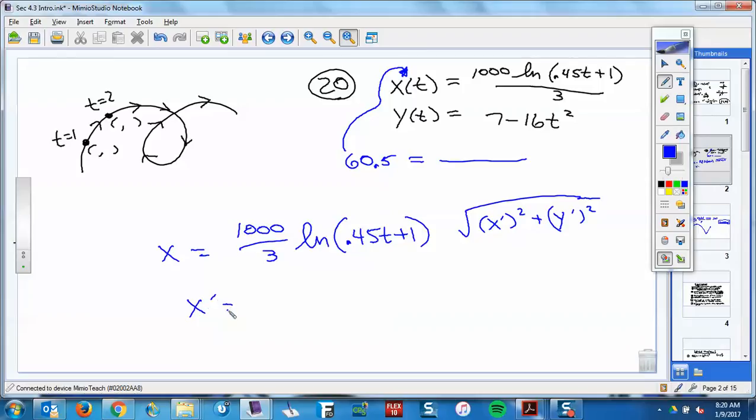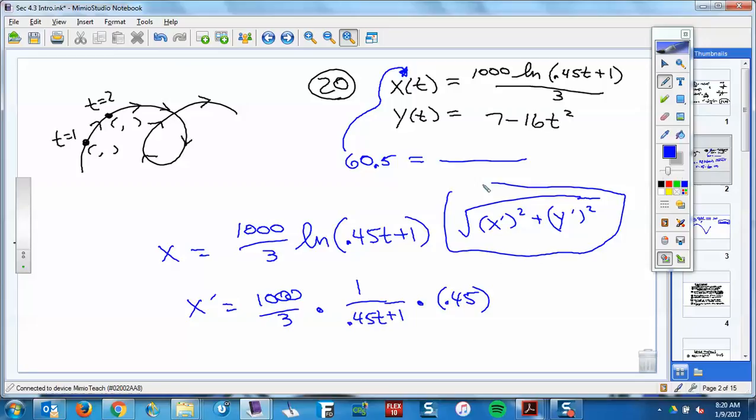So x prime is going to be 1,000 over 3, and it just hangs out there. What's the derivative of ln? It's 1 over 0.45t plus 1. But you can use your calculator, so let your calculator do the derivative. I don't care. Times the derivative inside would be 0.45, right? So I mean that would be your x prime. I don't know if you ever need that. Do you need that? Well, you need it for the speed equation, don't you? You need it for the speed equation.